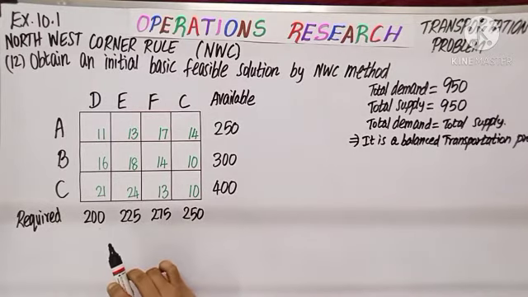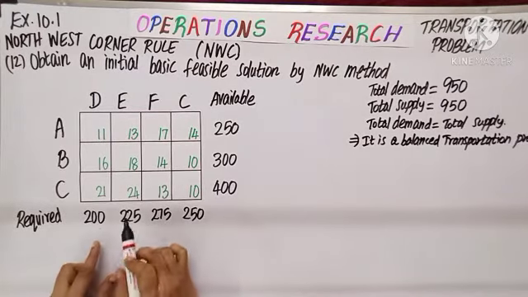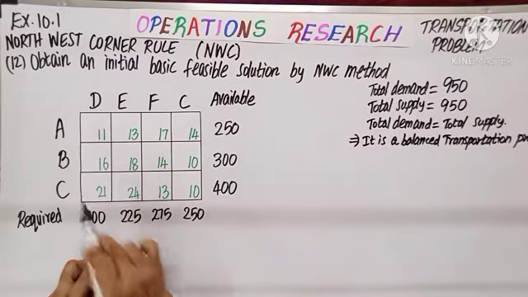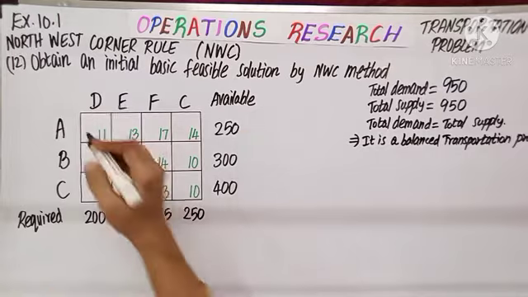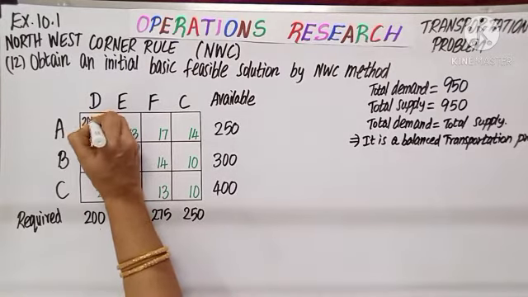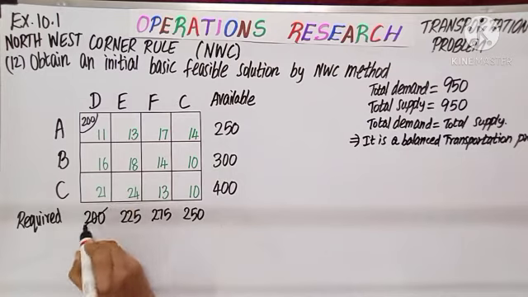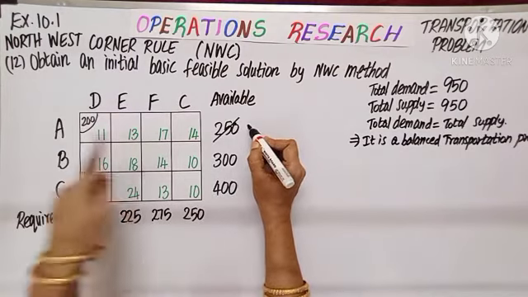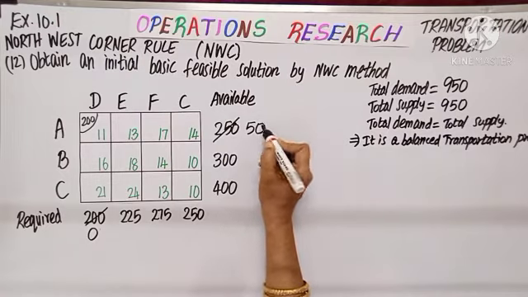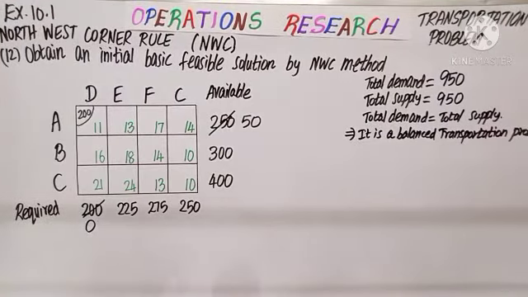As we start doing, we go to the northwest cell. 200, 215. Minimum is 200. Allocate 200 here. So this becomes 0. Here I have 250 minus 200, that is 50. First column is done.